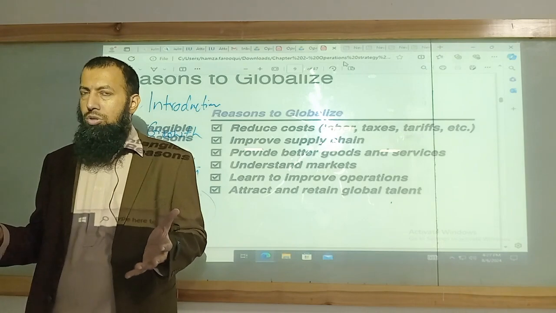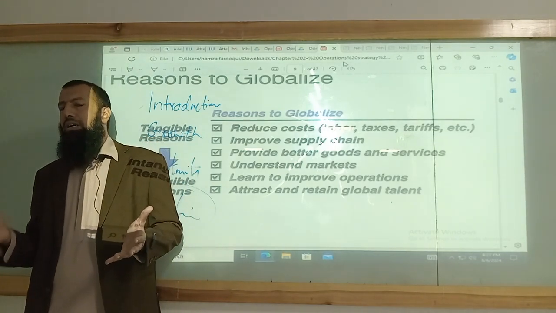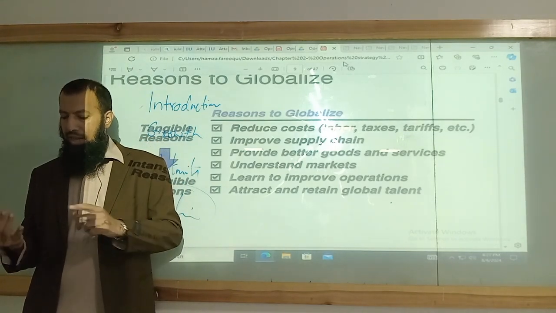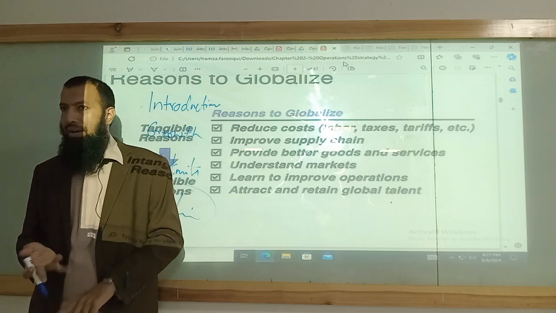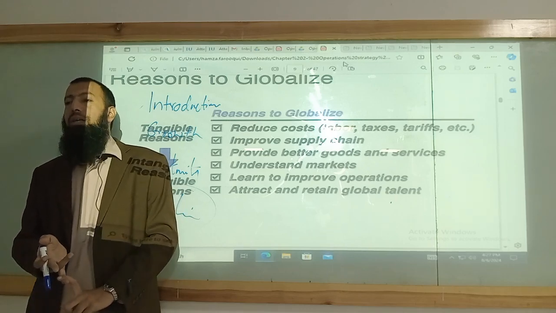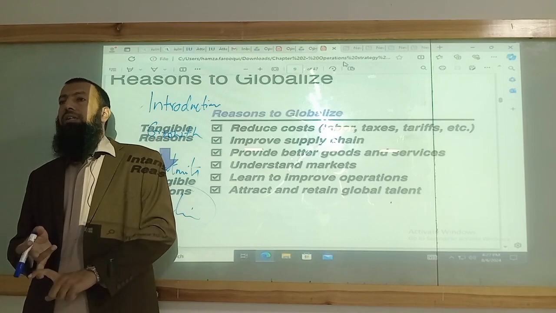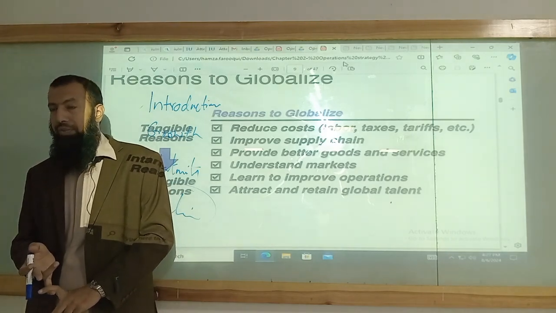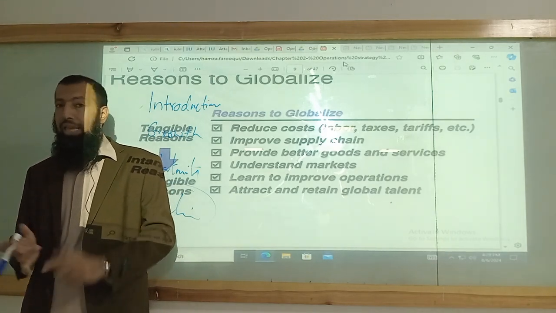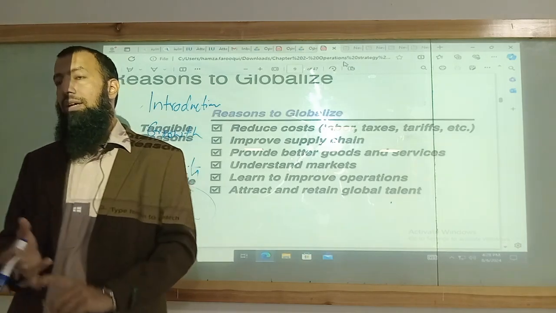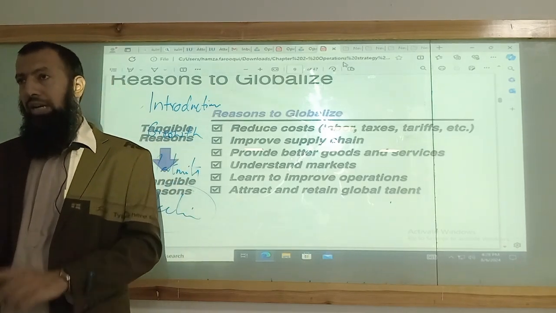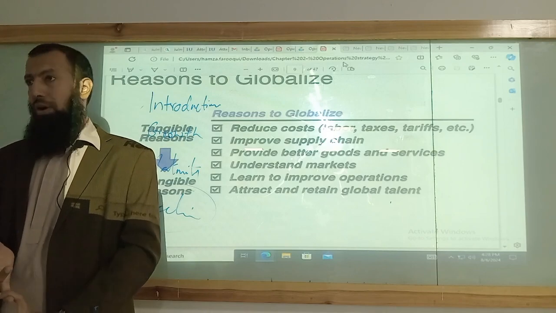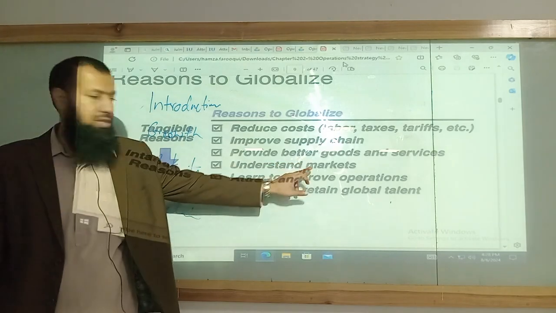EVs are growing their business. They are improving the battery time, and lithium ion battery cannot be improved by a single company. Multiple companies are working together. Even competitors are working together to improve the technology and the product. That's how they improve the operations.